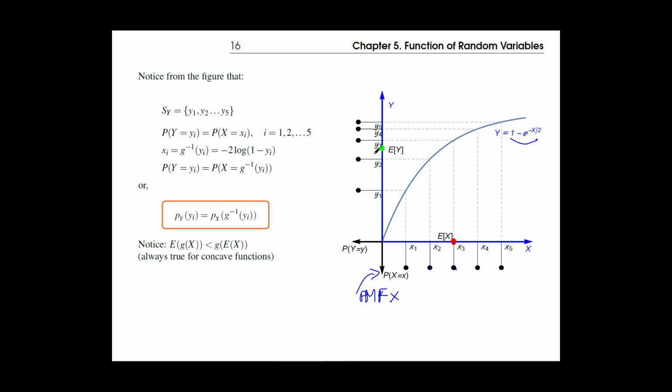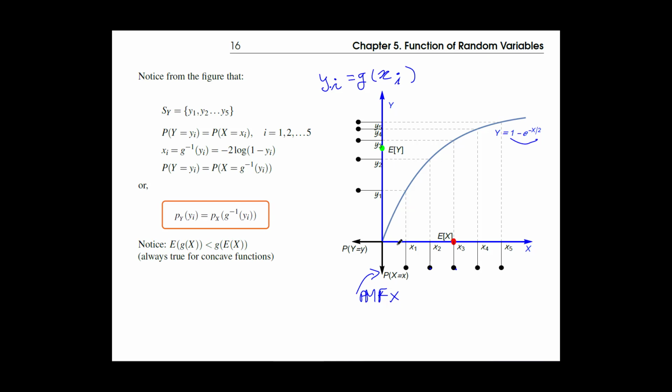So, yeah, obviously the yi's are simply the function g evaluated at the xi, right? All right. And this is really what happens. That's all we need to know about discrete random variables. We just follow the lines, see what the new values of yi are, and then apply the same probability, right?